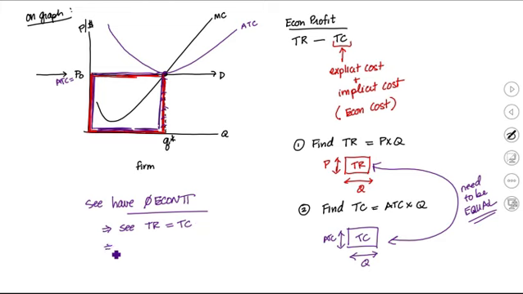And this can only happen if the price we're earning is exactly equal to the average total cost that we're paying per unit, right? It's the only way that happens. Is everybody with me? So this is the graph of our long-run equilibrium condition of zero economic profits. And we're going to be using that today. All right?